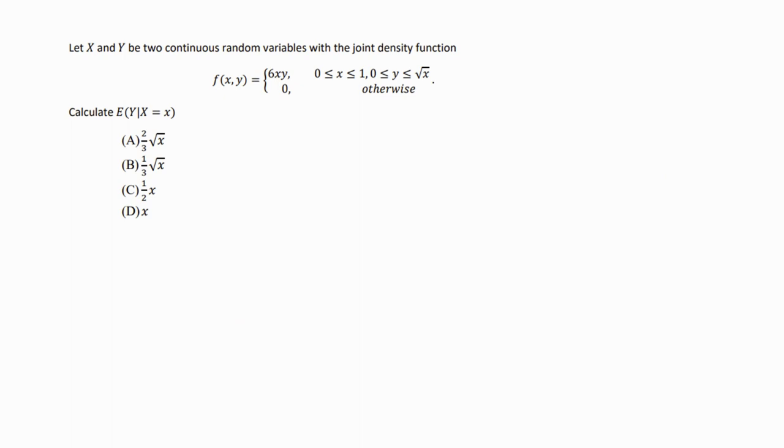So the next question we have is the expectation of y given x is equal to x. Firstly, this is a continuous random variable, and the expectation of y given x is equal to x means we will use the marginal one.